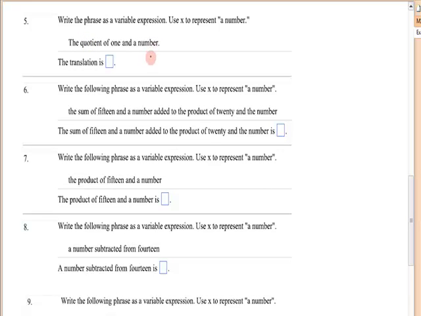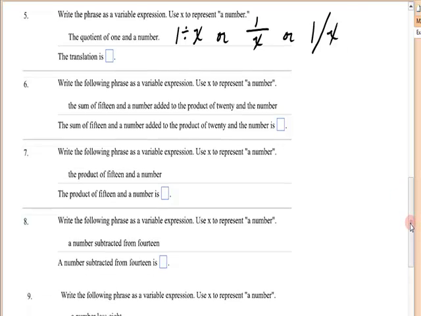Remember, you're encouraged to use the division symbol. So it could look like 1 divided by a mystery number, or it might look like 1 and a diagonal line, a mystery number. The order matters in subtraction and division. It does not matter in multiplication or addition.